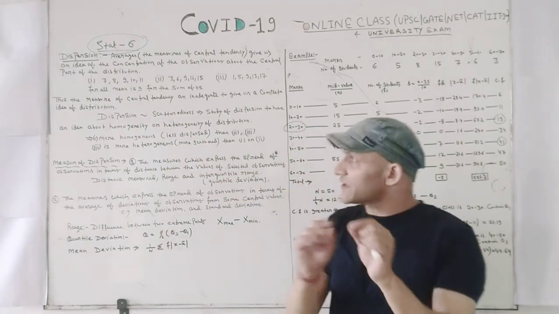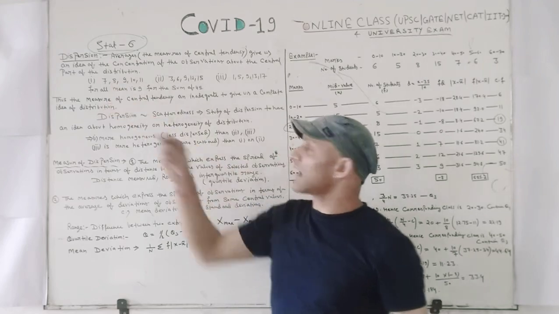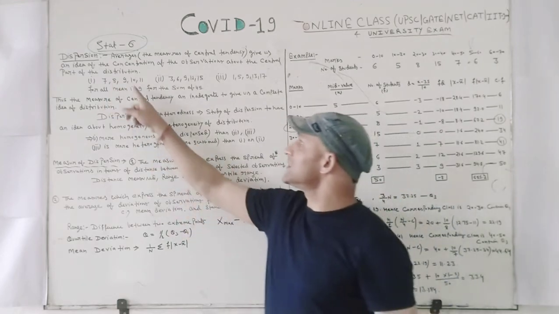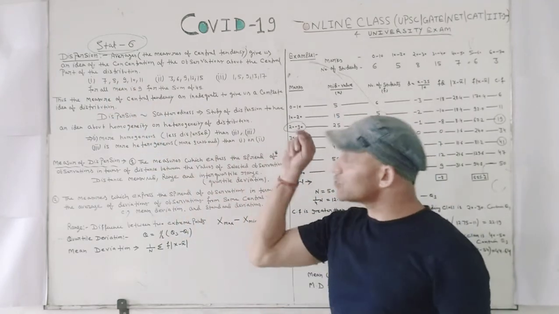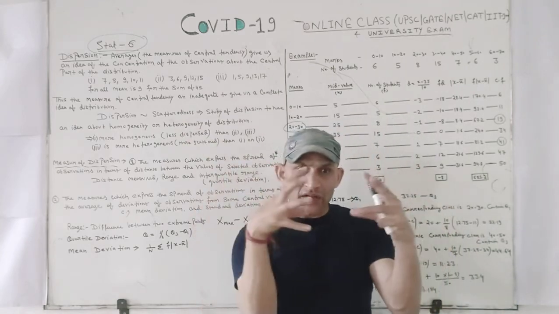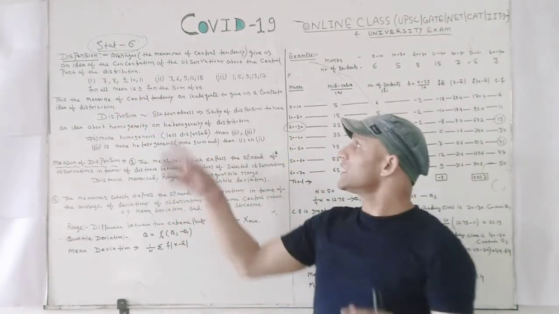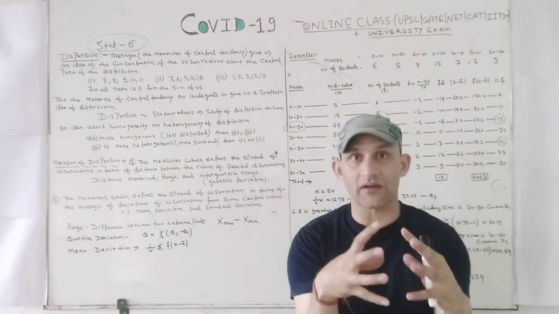These data are close to 9. This 8 is close to 9, this 10 is also close to 9, this 11 is also close to 9, and this 7 is also close to 9. So all the data are dense, which means the data is similar.